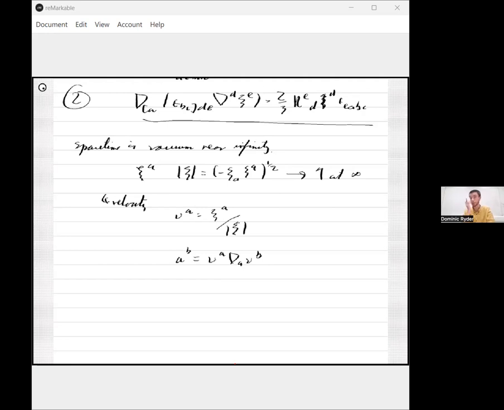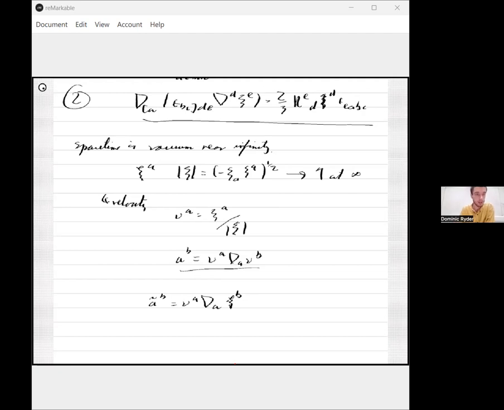And then, as Bruno did discuss on Wednesday, the force that must be exerted, this is just the local force that must be exerted to hold a unit rest mass in place. And the force that must be exerted at infinity is redshifted by a factor of the norm of xi to give a-tilde^B, V^A nabla_A xi^B.